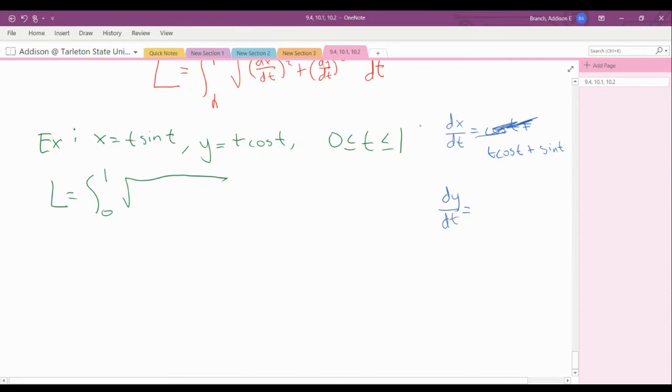We get t times the derivative of cosine, which is negative t sine of t, plus cosine times the derivative of t.